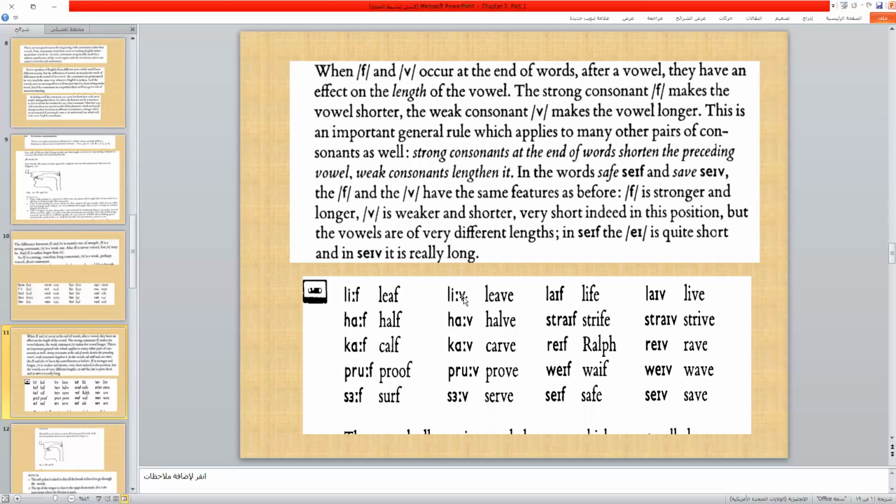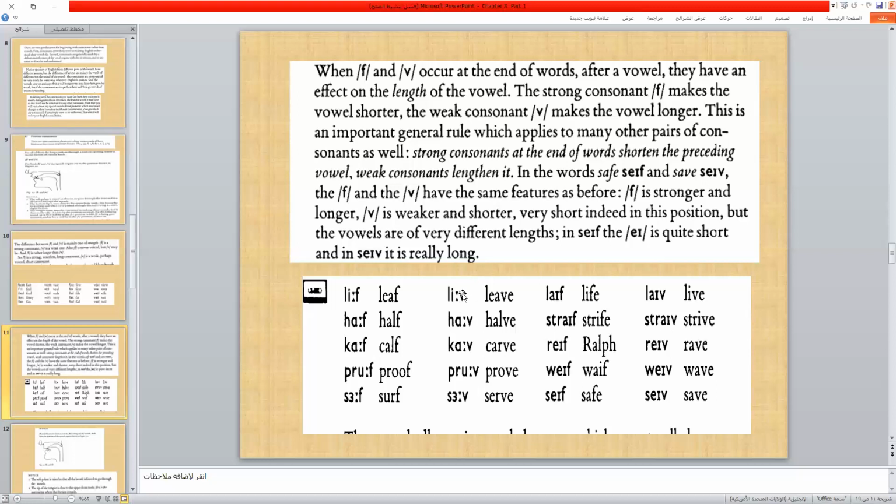Sometimes called lenis. So wherever you see a vowel followed by a voiced consonant, this vowel will be longer than other vowels in the same circumstances. Which one is longer? The E here or the E here? Sure, the E here is longer than the E here. Why?